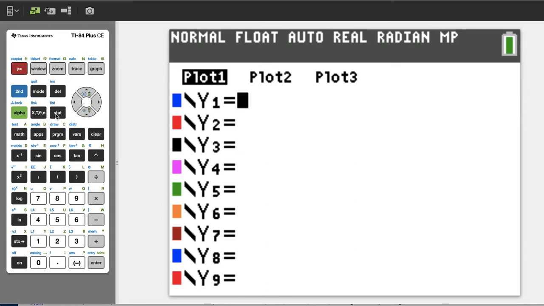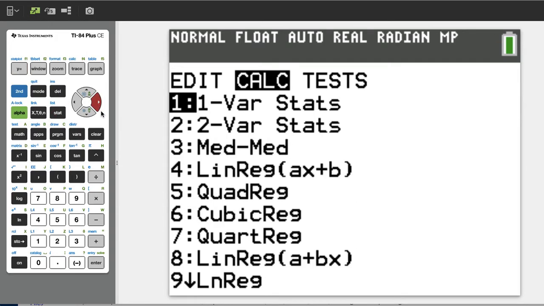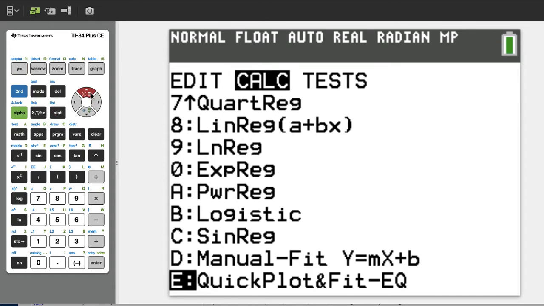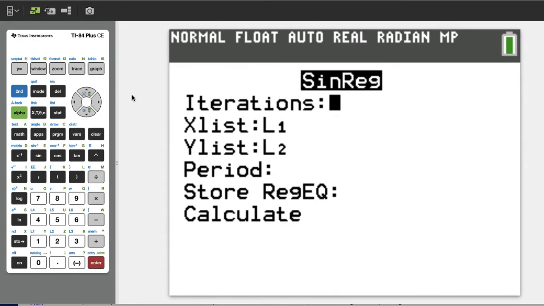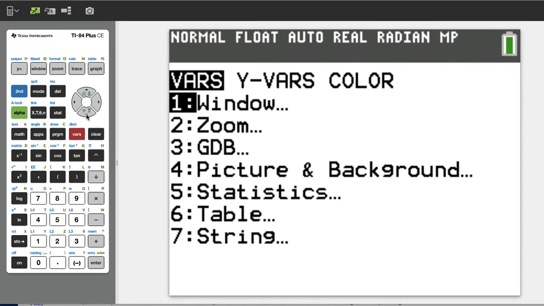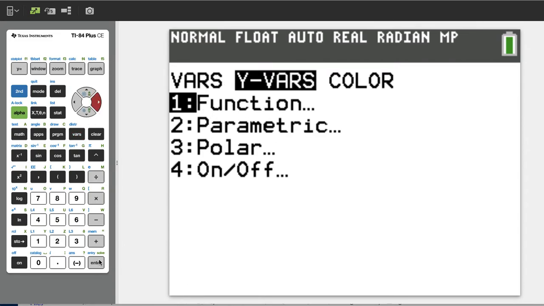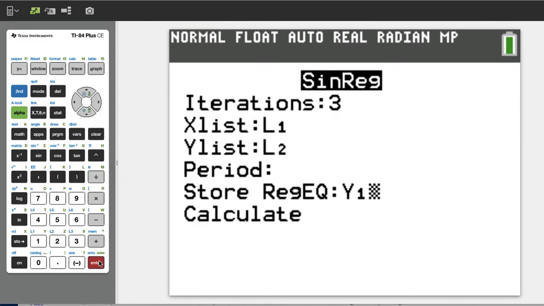You're going to go to Stat, Calculate, and you're going to go to Sine Regression, letter C. Now, iterations, don't worry about that. We'll just keep whatever it's set at. X list is list 1. Y list is list 2. Don't worry about the period. We're going to store regression equation by going to vars, yvars, function, enter, y1, and then we're going to go to calculate.